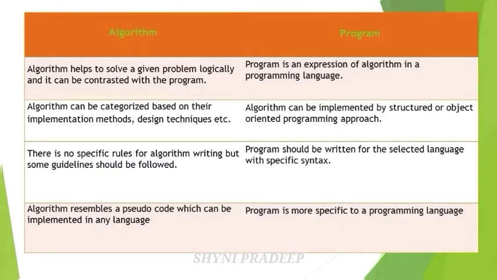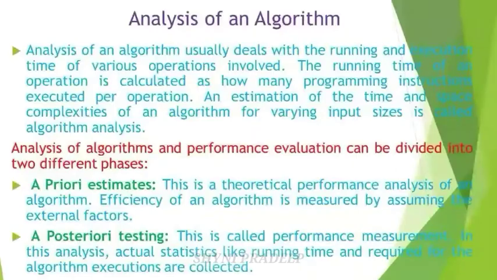Algorithm, because there are no rules, no syntax in an algorithm. But in a program, there is a rule and a syntax, and you should follow them. A program is the implementation of an algorithm. So this is the comparison between algorithm and program.